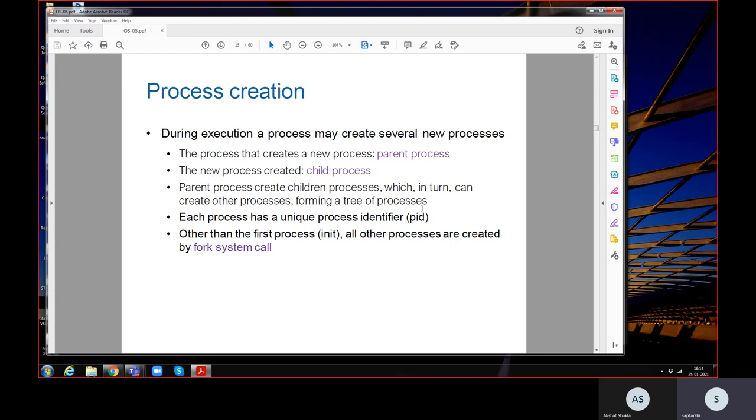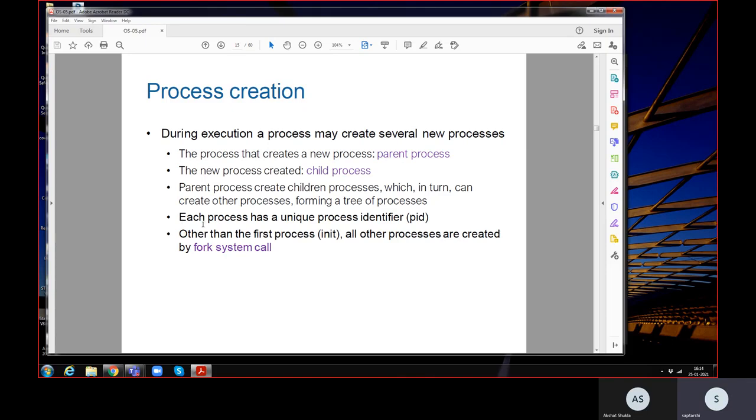Let's say, for simplicity, if every process creates 2 children, then this will be similar to a binary tree. Okay. So understand that a child process is said to be a child just at that point when it is being newly created. Later on, this child process can become a parent also and create other processes.